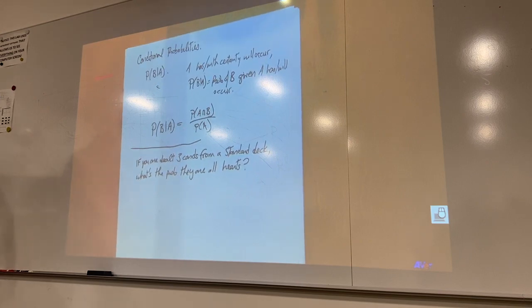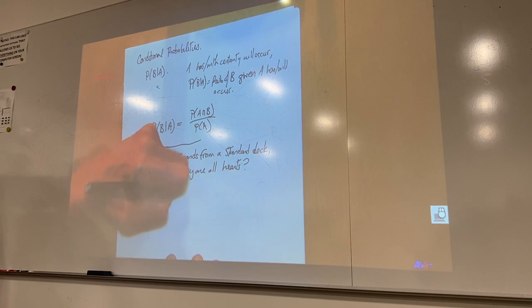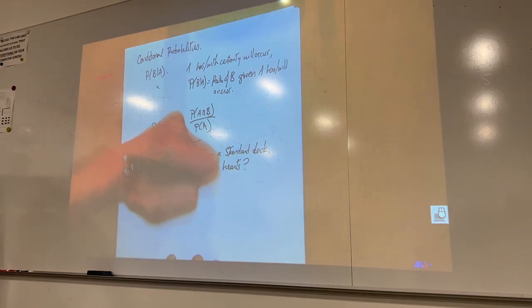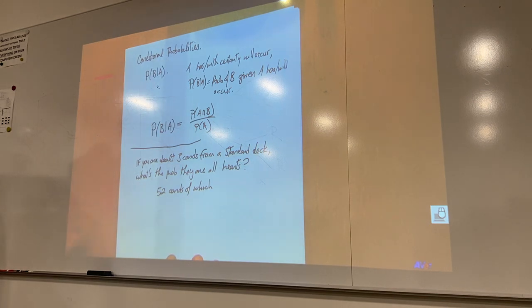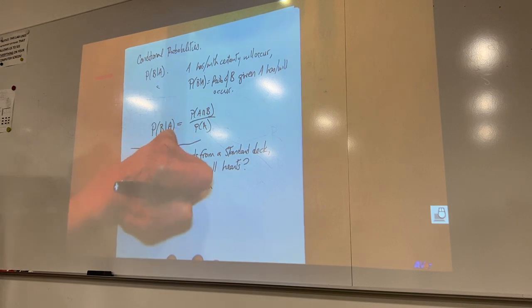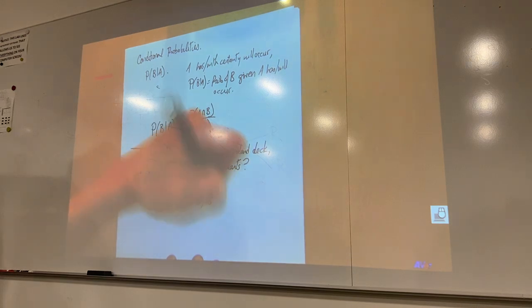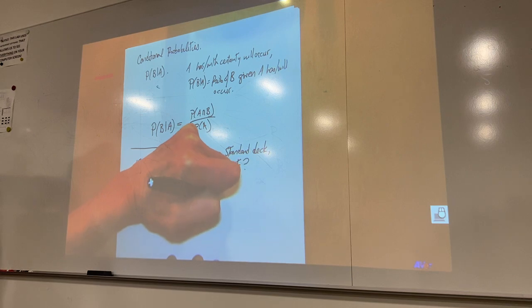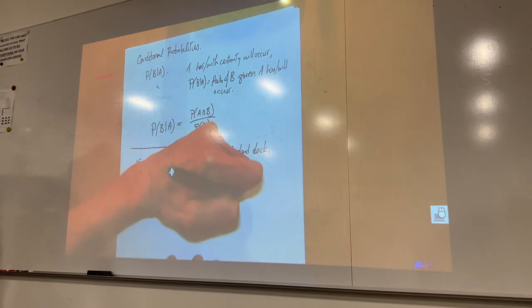By the way, if you're not familiar with a deck of cards, more power to you. A standard deck has 52 cards, of which there are 13 of each type: 13 hearts, 13 diamonds, 13 spades, and 13 clubs.